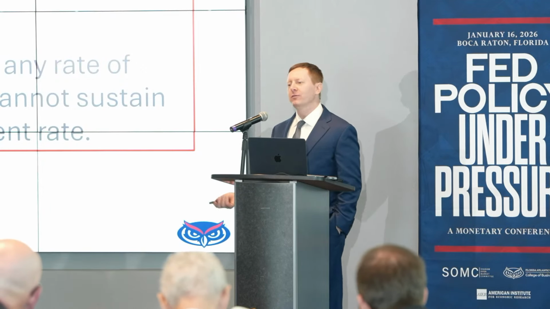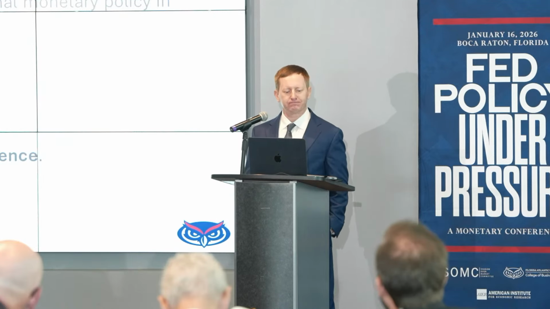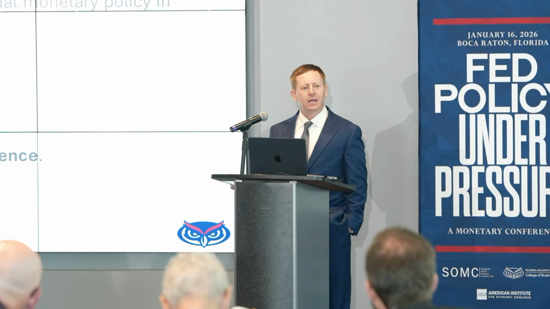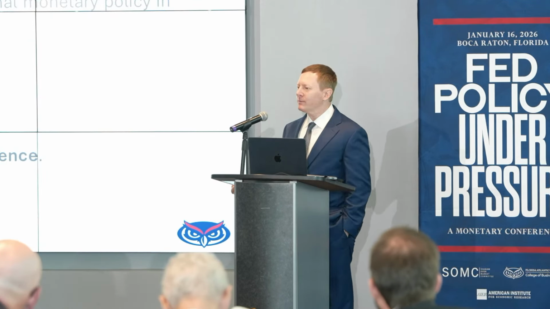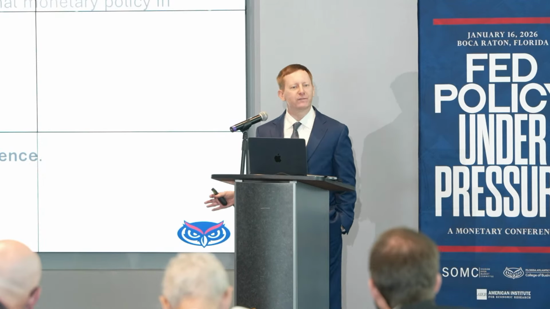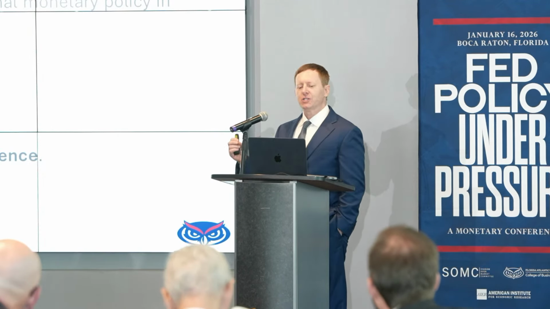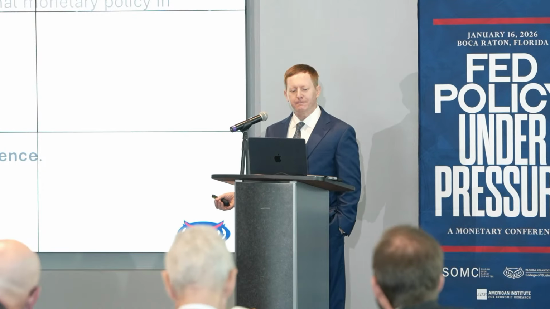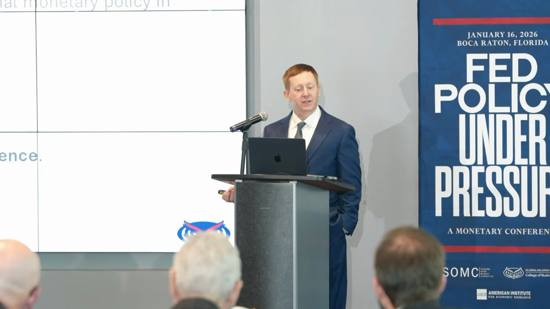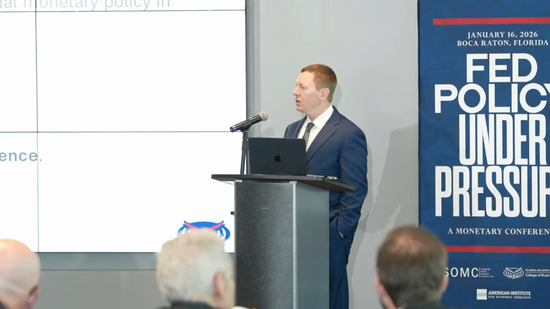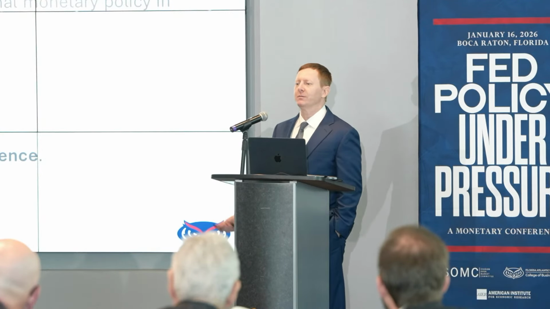Now, what does this mean for monetary policy? Well, in theory, a central bank can deliver optimal monetary policy in one of three ways. It can target the natural rate of unemployment, it can target the desired rate of inflation, or it can do some combination of the two.